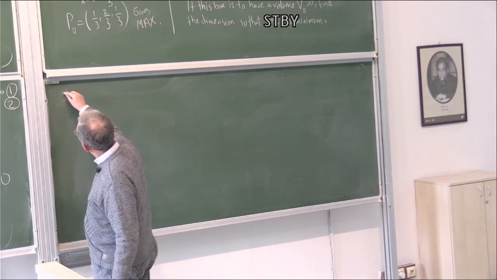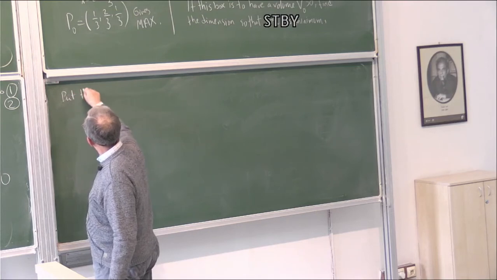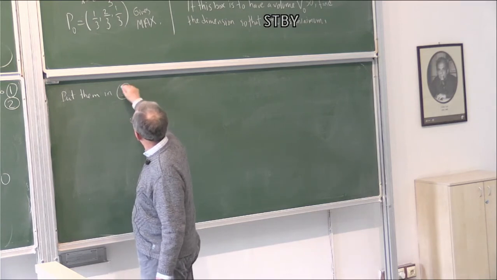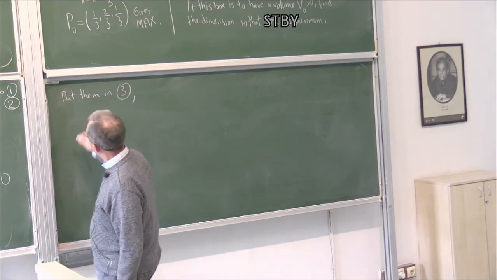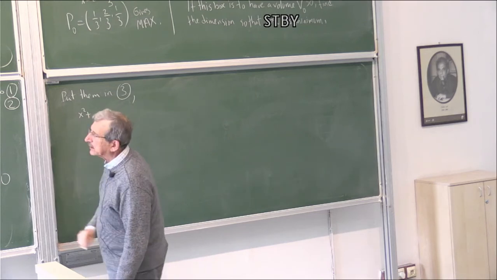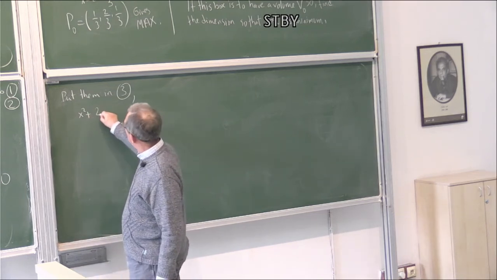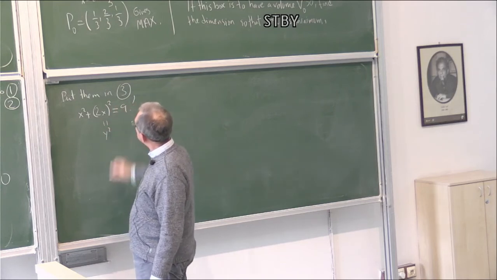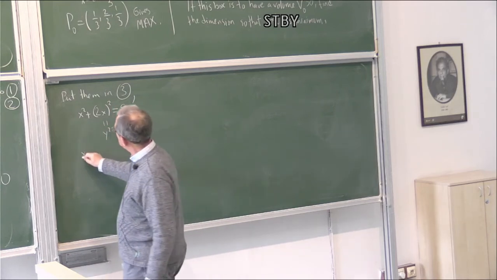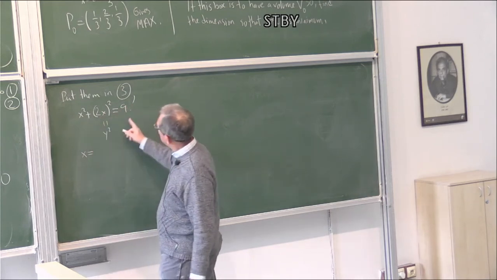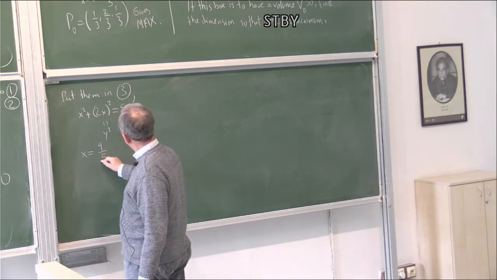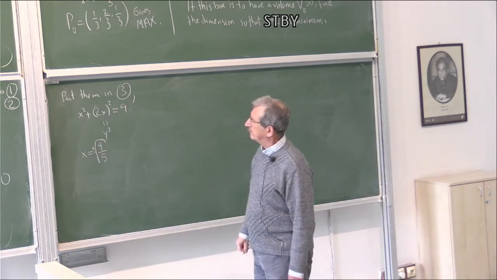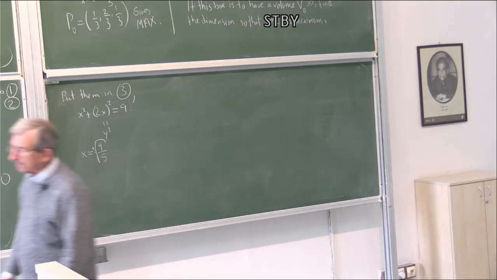Well, we put them in the third equation. So we obtain x squared plus y squared equal to 9. So x would be plus or minus the root of 9 over 5.